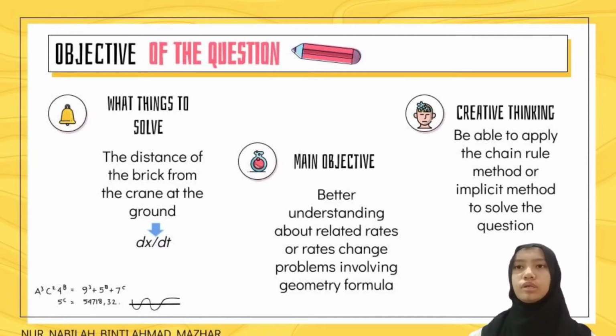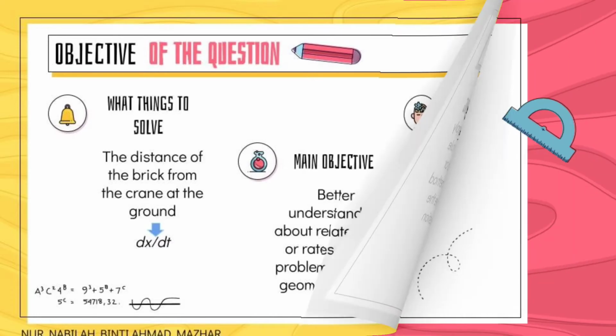It is so that students can better understand the question statement and have a better understanding about related rates or rate of change problems involving geometry formulas. And the last one is creative thinking, so the student would be able to apply the chain rule method or implicit method to solve the question.